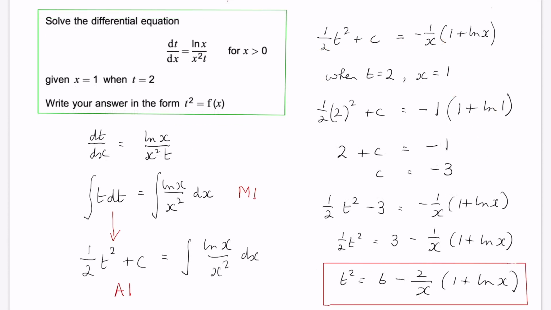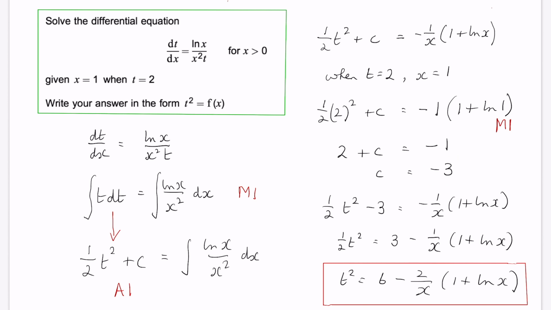Now moving on to the final part of the question, the substitution of t is 2 when x is 1. You would pick up a method mark at this point for correctly substituting t as 2 and x as 1. But you wouldn't pick up anything at all for getting c as minus 3.